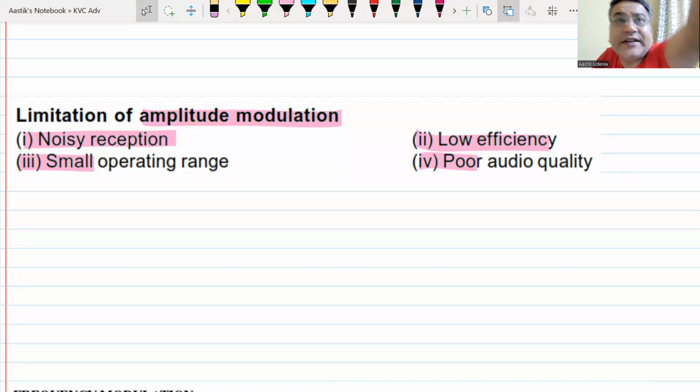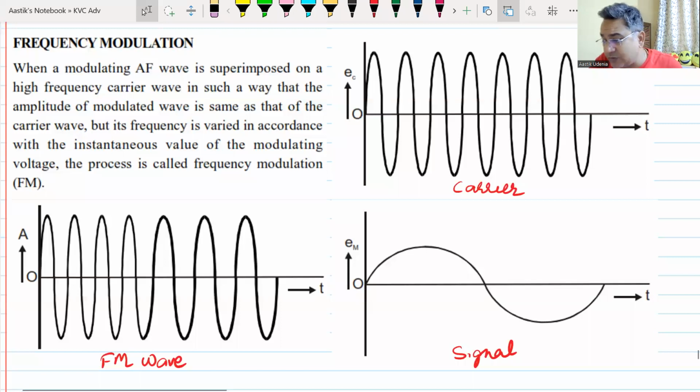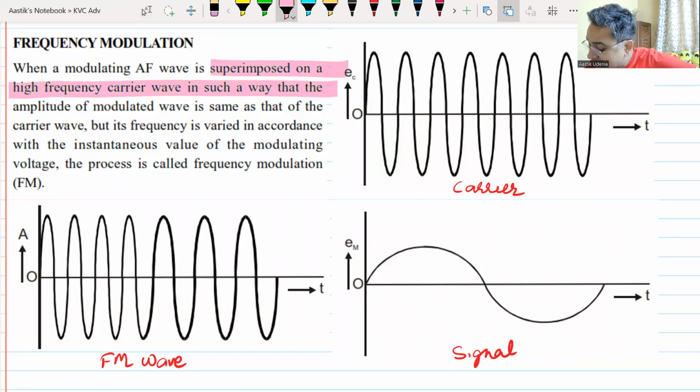We have seen the limitations of amplitude modulation. Now, how do we overcome these limitations? We overcome these limitations by frequency modulation. When a modulating signal is superimposed on a high frequency carrier wave in such a way that the amplitude is the same but its frequency is varied, then it is known as an FM wave. You don't have to draw this. This is just to make you understand.